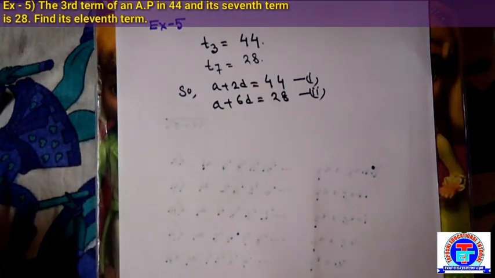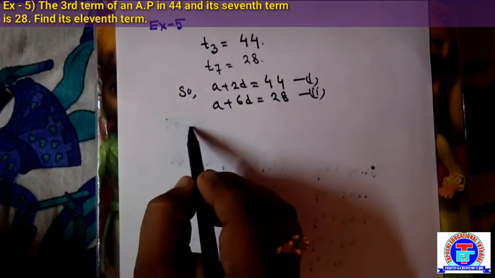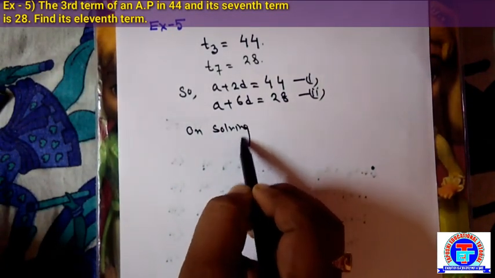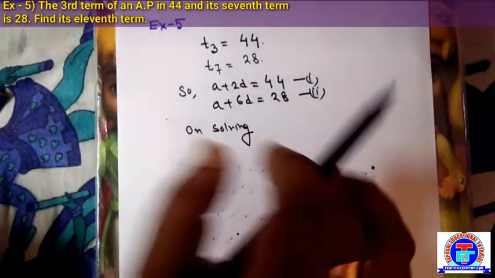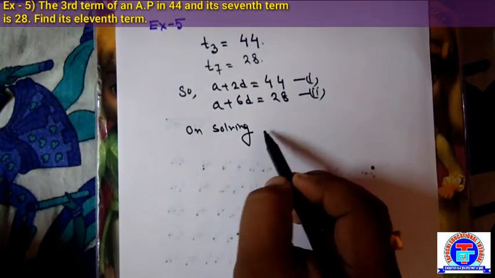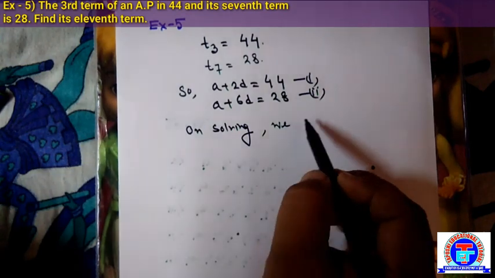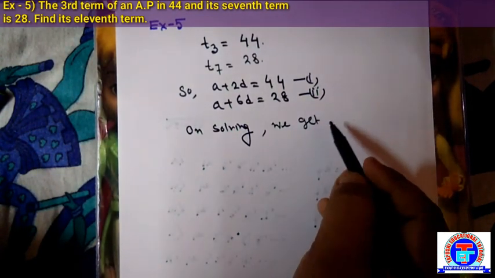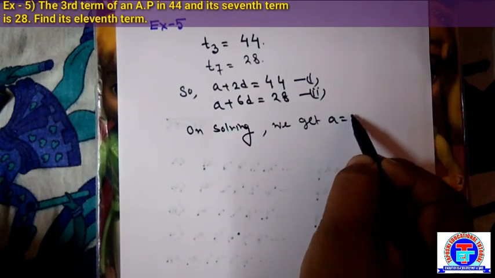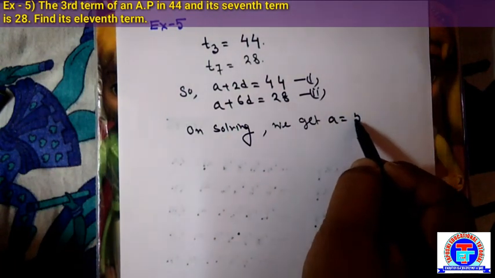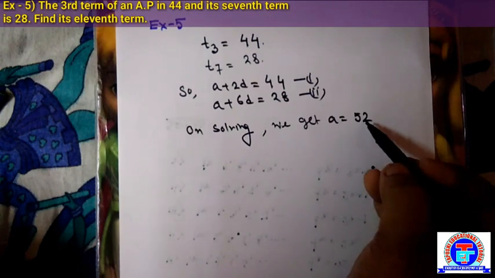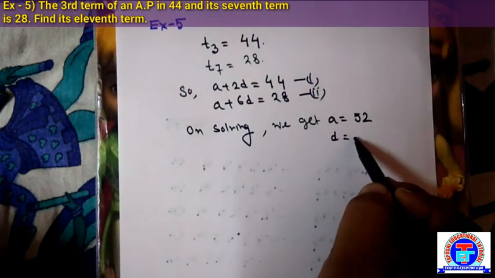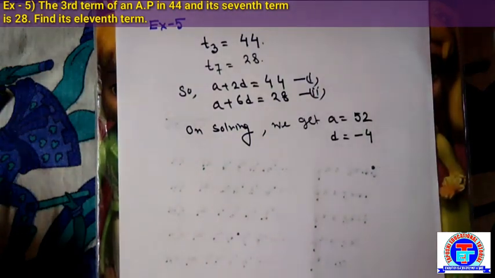So on solving the two equations, we get a is equal to 52 and d is equal to minus 4, right?